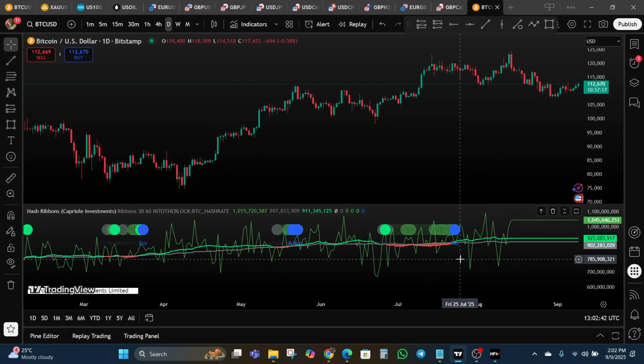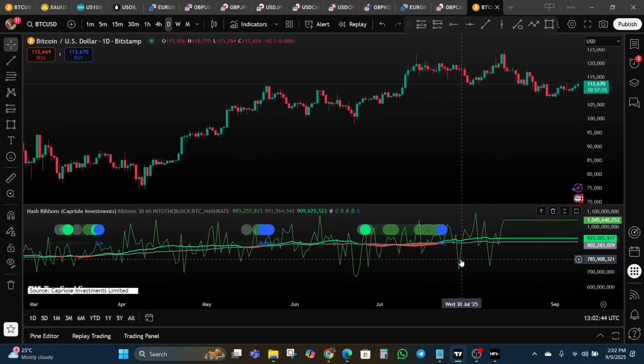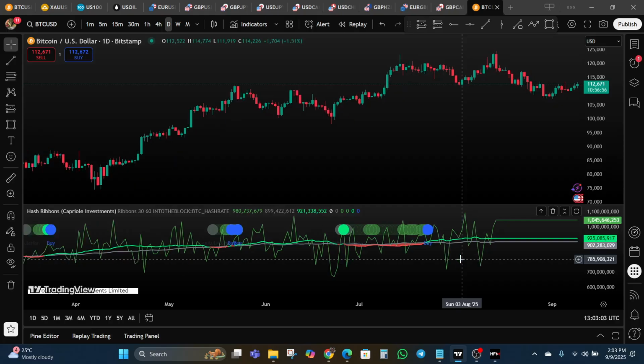Watching these signals alongside price action can help traders understand potential trend changes. The indicator doesn't predict price directly, but provides insights into the underlying Bitcoin network, which can influence market behavior.